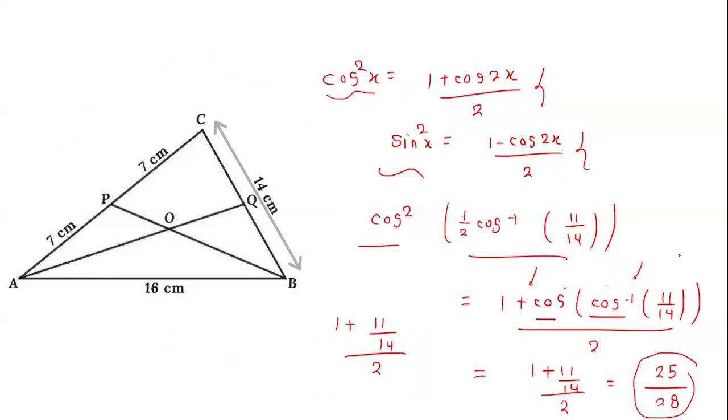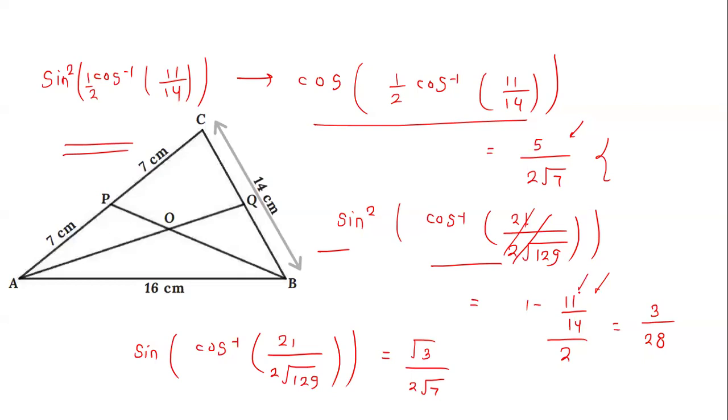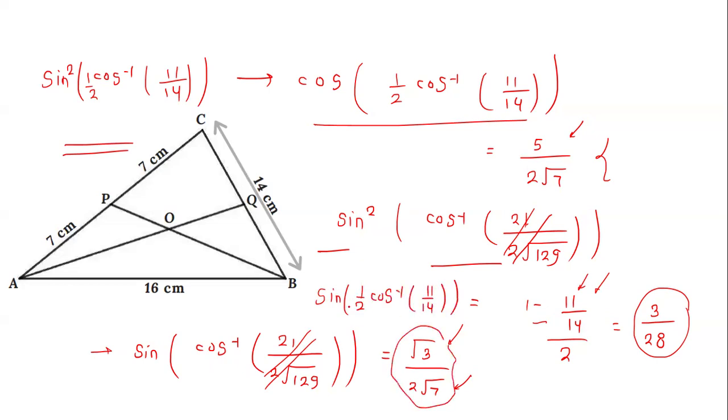So cos of cos inverse of 11 by 14 is simply 11 by 14, but here there is a minus sign. After simplifying, it will come like 3 by 28. You can take the square root and it will come like root 3 divided by 2 root 7. So this is the sine of half of cos inverse of 11 by 14, and this value is root 3 divided by 2 root 7.